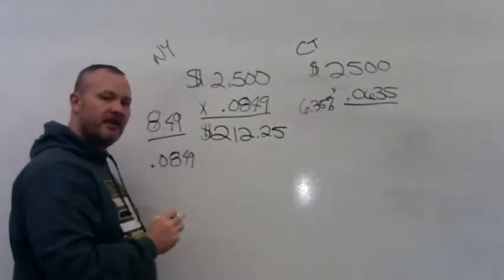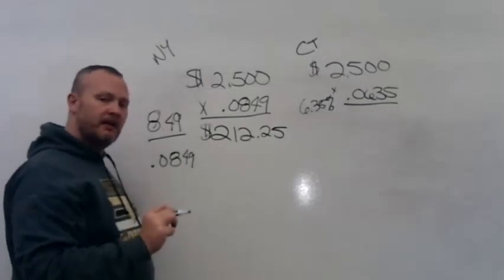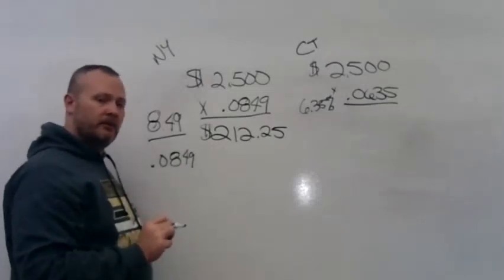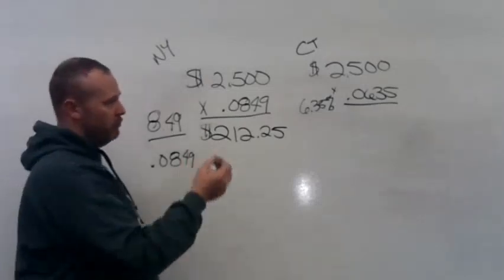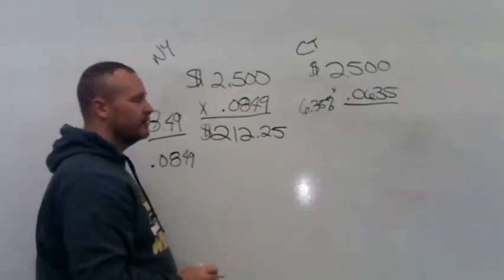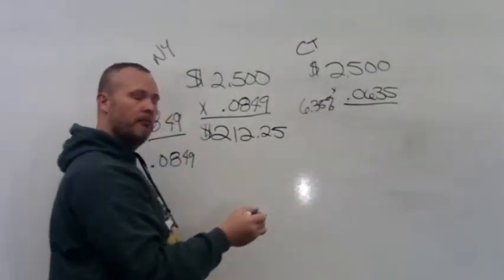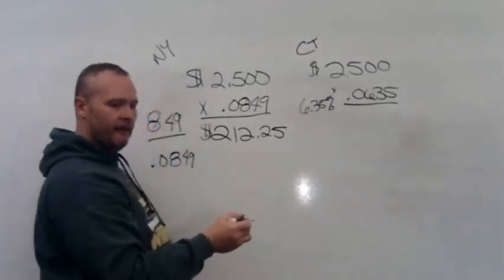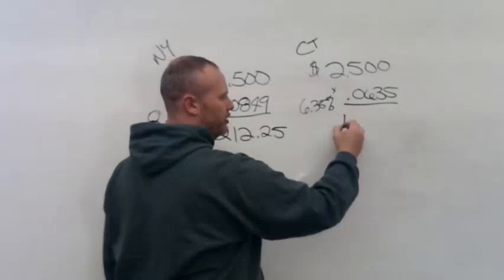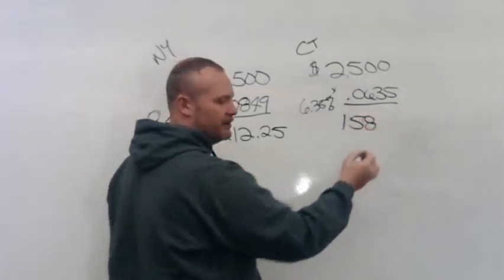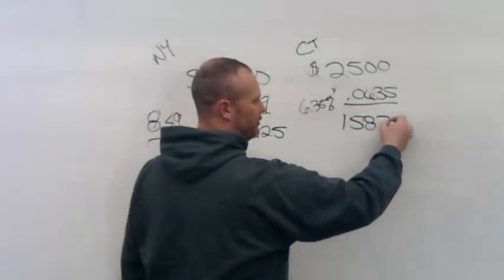This is the amount of sales tax that you would have to pay if you were having the TV shipped to New York. However, if you're having it shipped to Connecticut, 2,500 times 6.35%, or 0.0635, is $158.75.